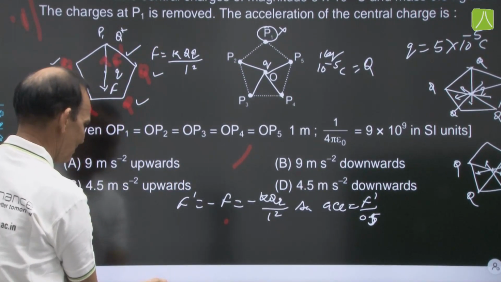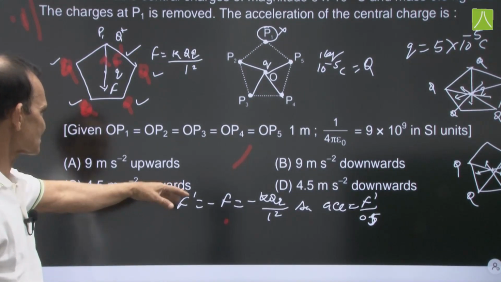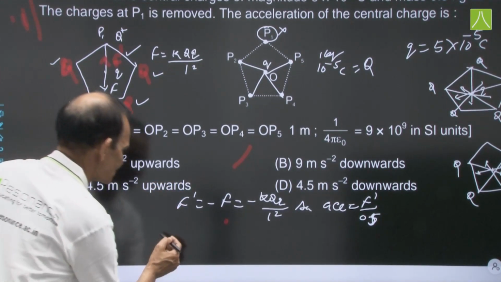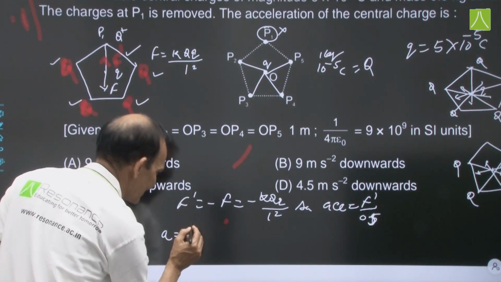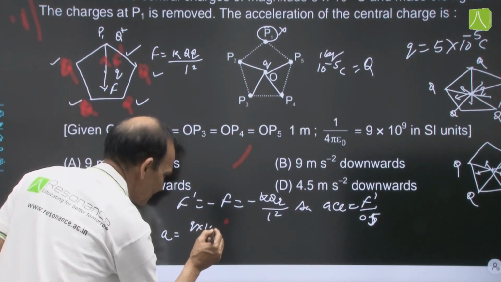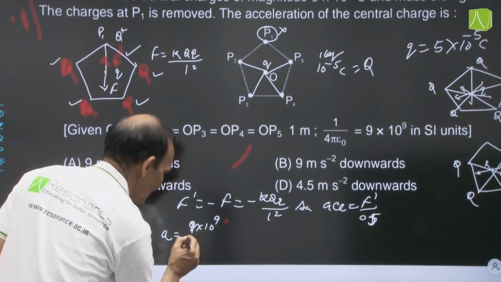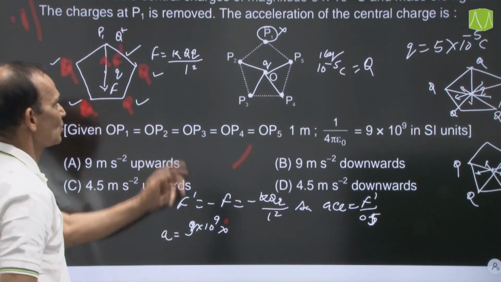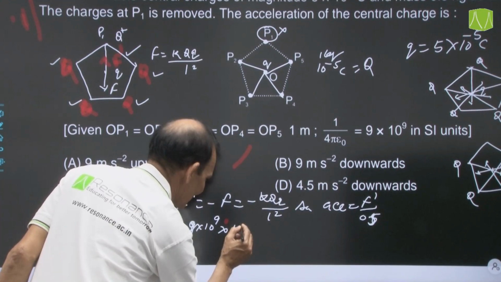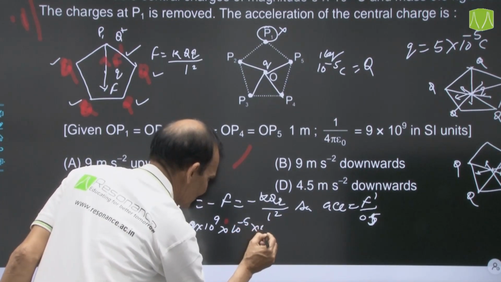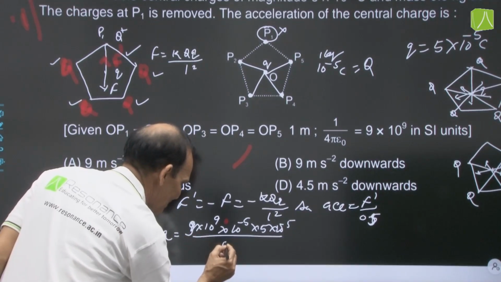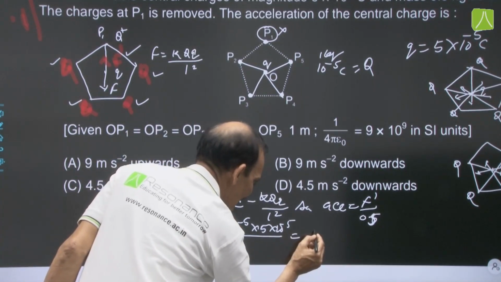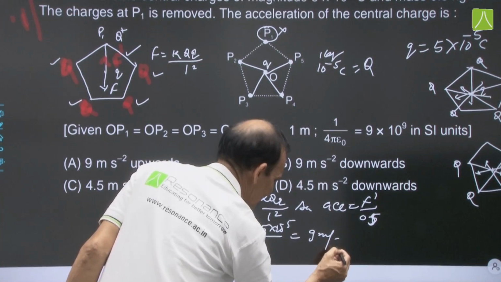Okay, we have to find the force. It is acceleration. So acceleration a' will be equal to F'/m, that is 9 into 10 raised to the power 9, into q, 10 raised to the power minus 5, into 5 into 10 raised to the power minus 5, divided by m, that is 0.5. It is 9 meter per second square.